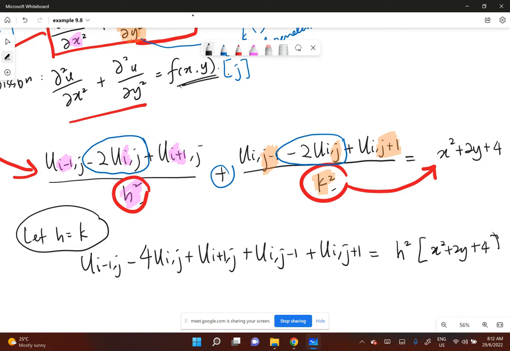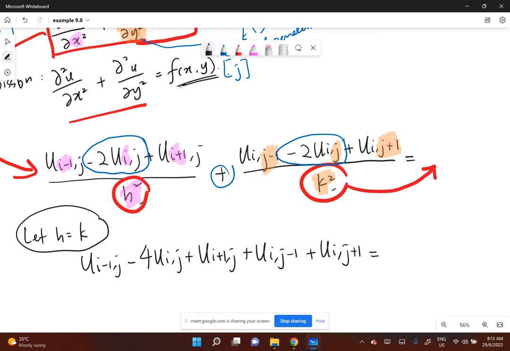But now it's 0, so I just put in 0. So I go back to the Laplace. Because it is Laplace, the right side is 0, so it continues to be 0.